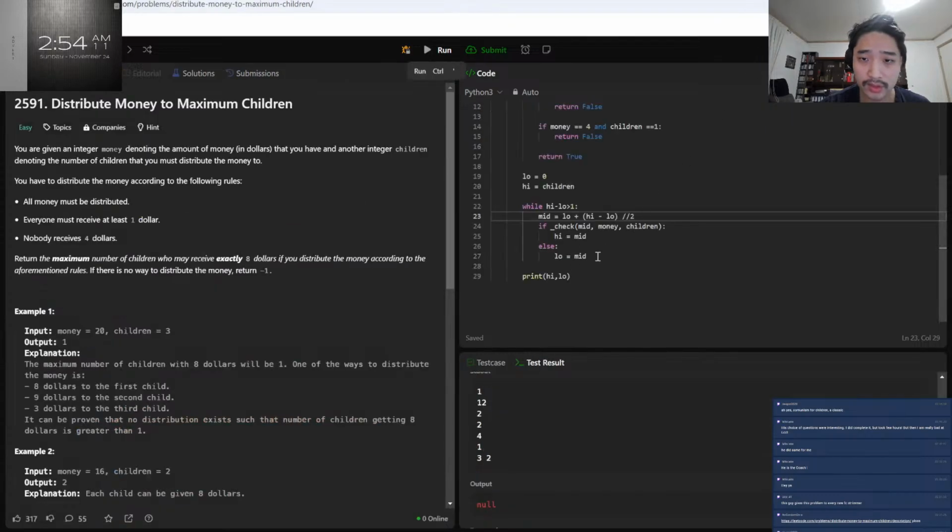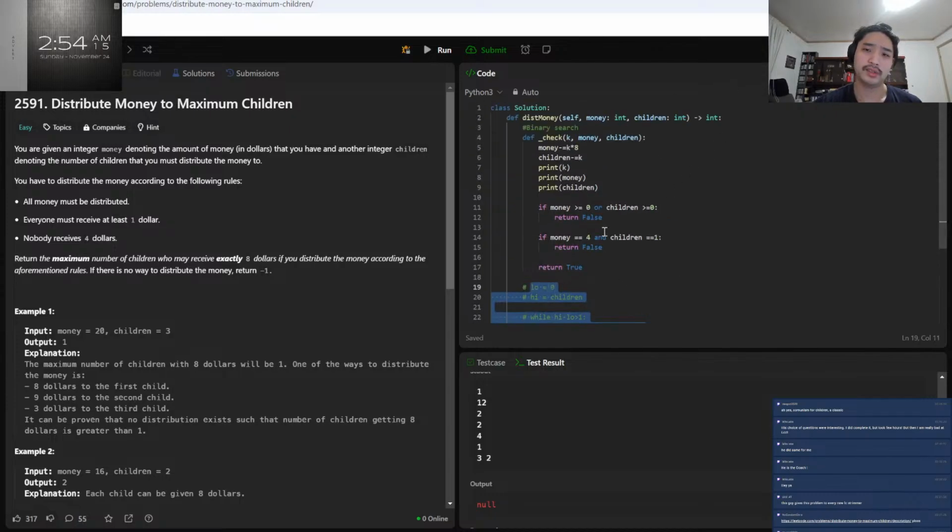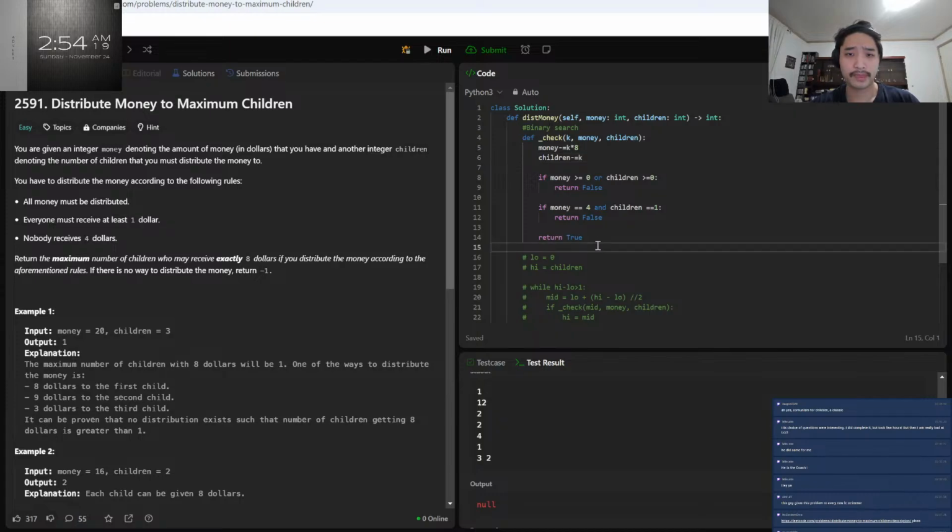Okay, just to ensure everything works as intended. Because I know for a fact that check of 2 children should be false. So I don't understand why this would be correct.